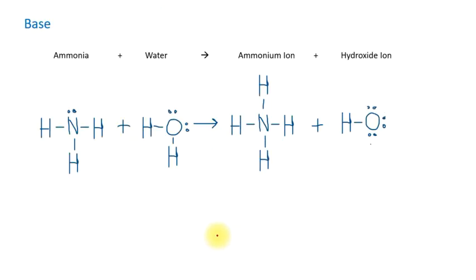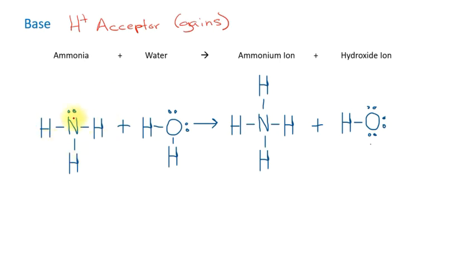Now let's look at the base. So acids donate a hydrogen ion, but bases accept them. So we'll say a base is a hydrogen ion acceptor, or it gains one. That's the main difference, and here's what that would look like.